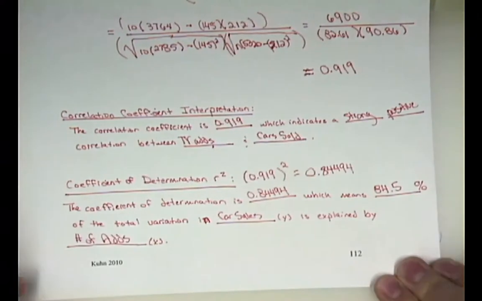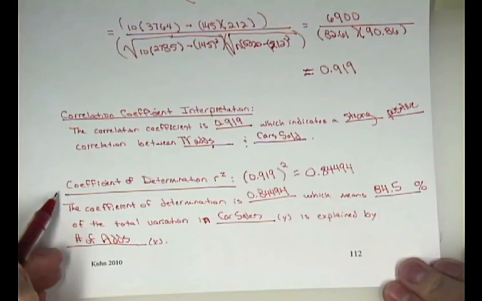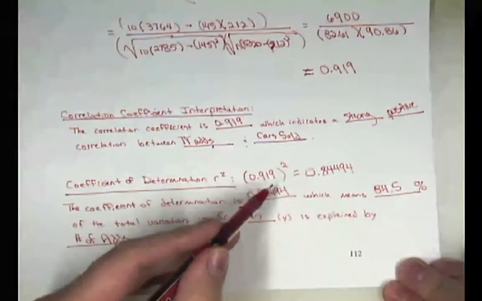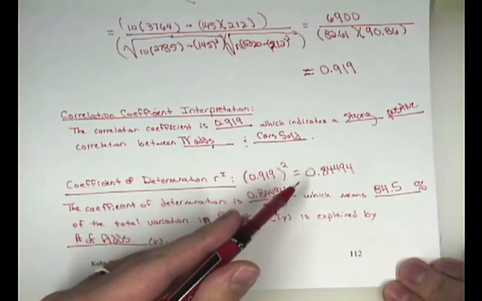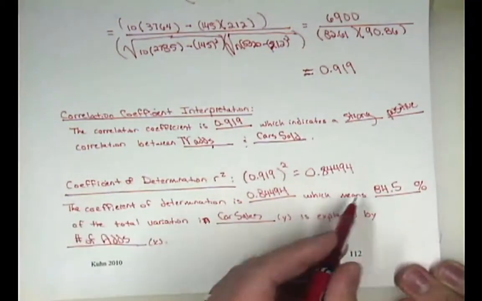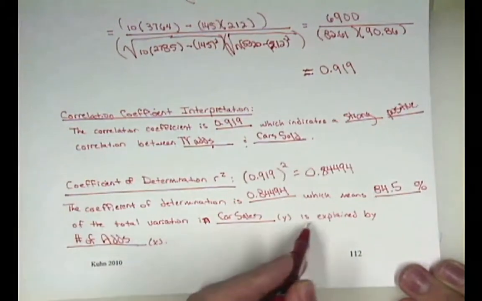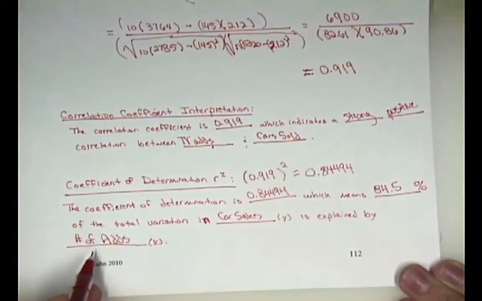This is another cookie cutter interpretation for the coefficient of determination. Again, for the coefficient of determination, you want to square r, get a value, turn it into a percentage, and interpret it as 84.5% of the total variation in the y variable is explained by the x variable. And be descriptive.